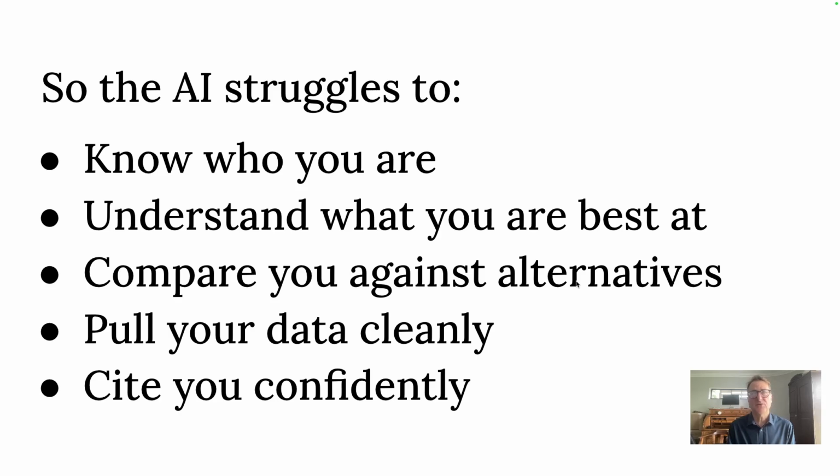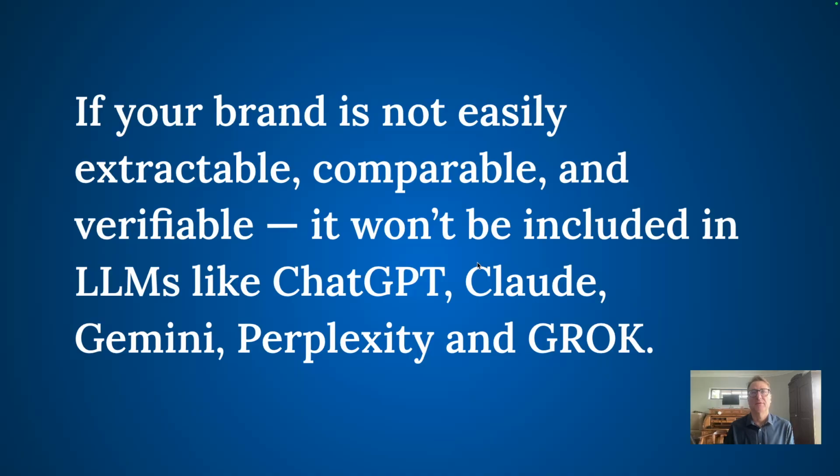Otherwise the AI struggles to know who you are, understand what you're best at, compare you against alternatives, pull your data cleanly, and cite you confidently. If your brand is not easily extractable, comparable, and verifiable, it won't be included in LLMs like Chat, Claude, Gemini, Perplexity, and Grok.